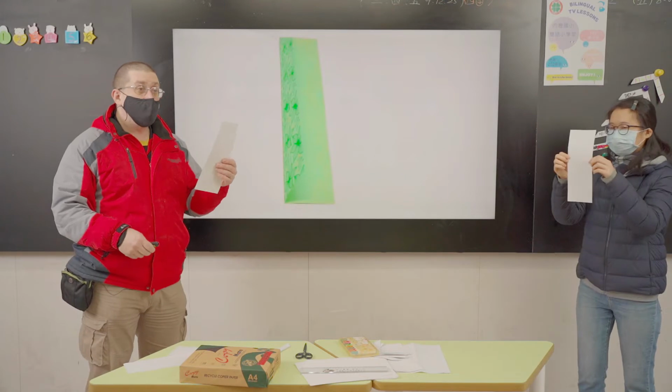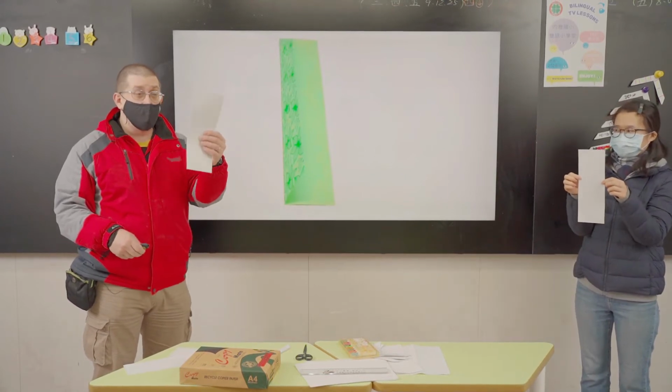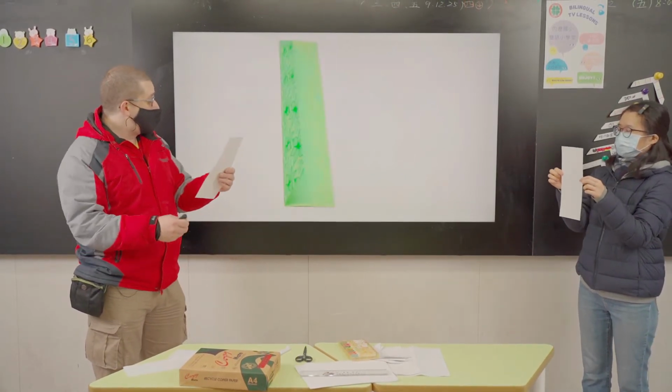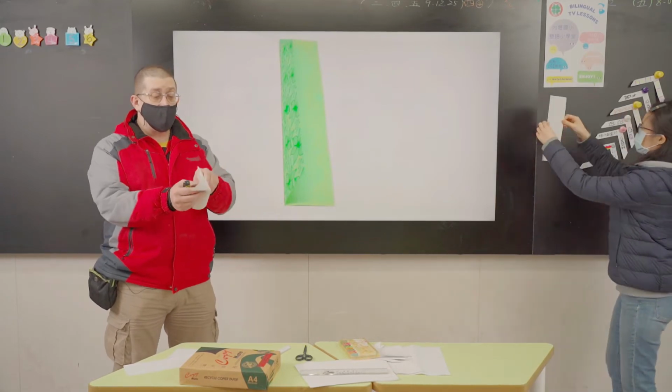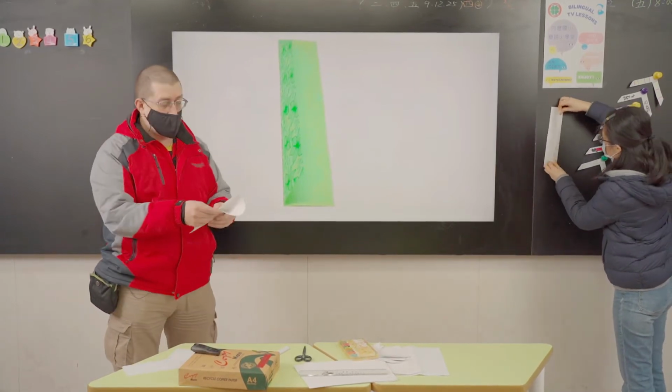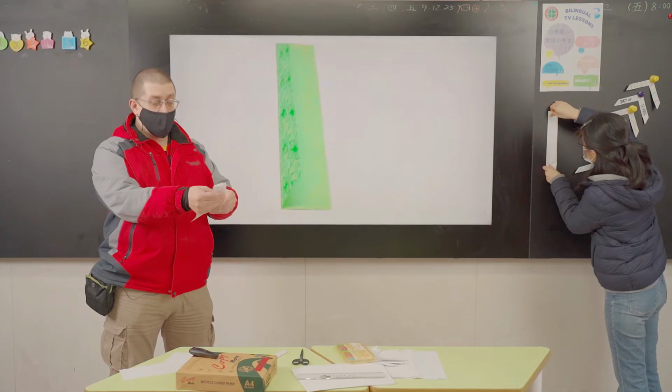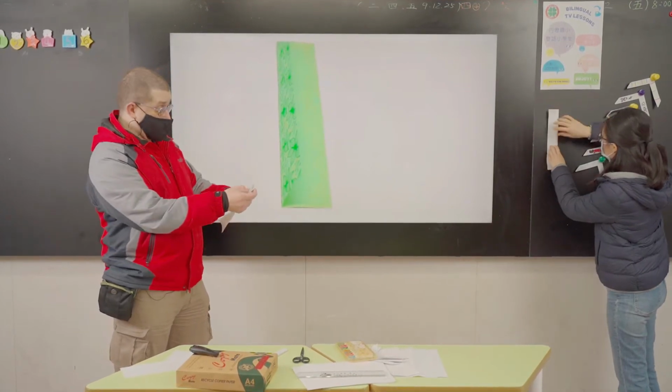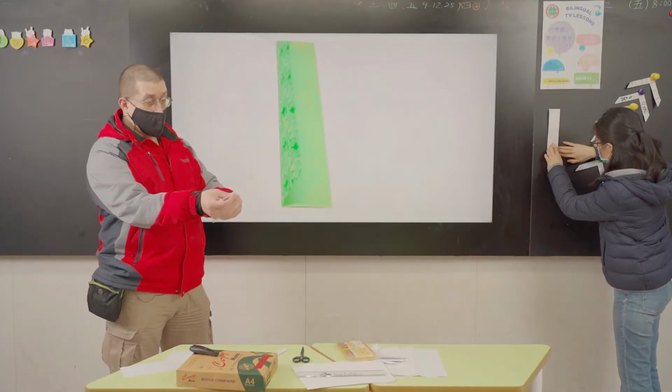Once you have the two smaller pieces, take one piece and fold it in half, like Teacher Sunny is doing over here.